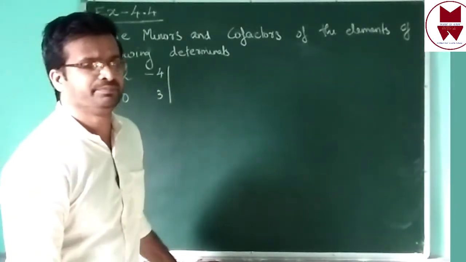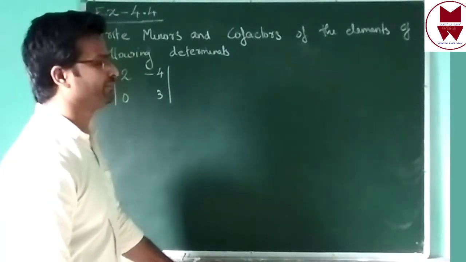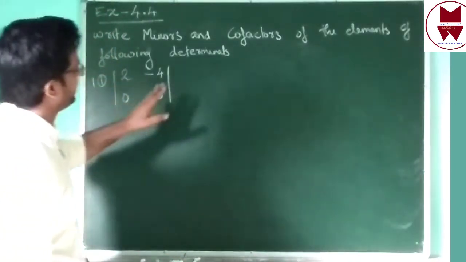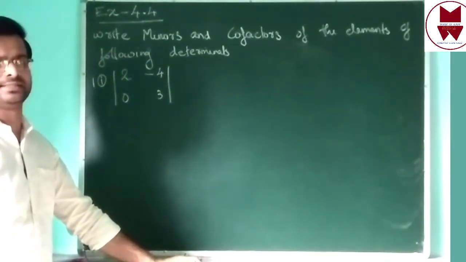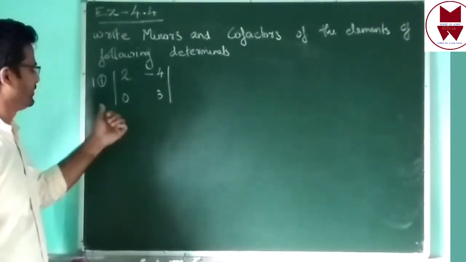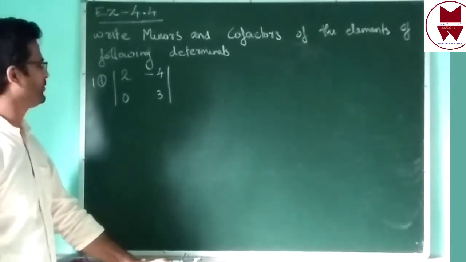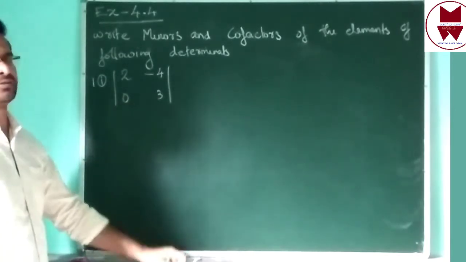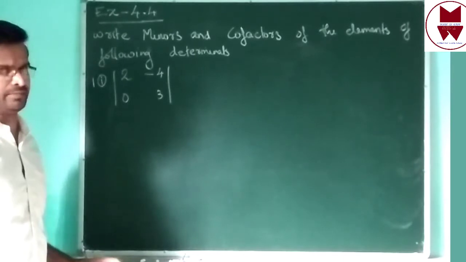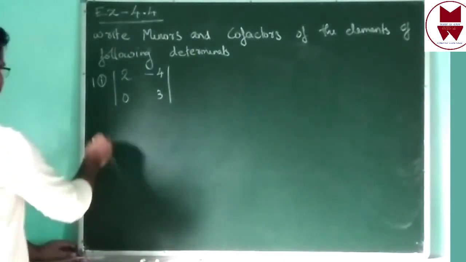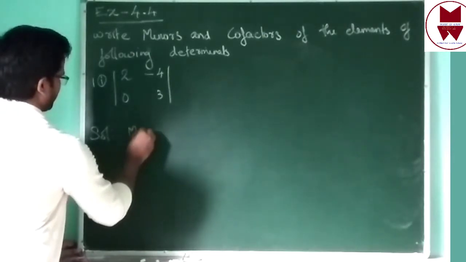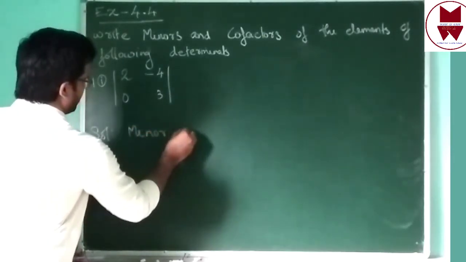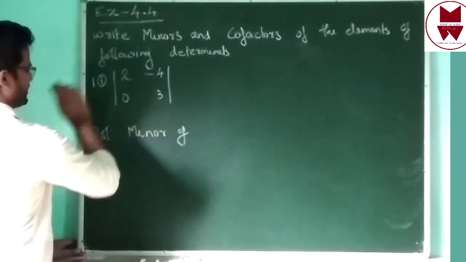Now we see exercise 4.4. Write the minors and cofactors of the elements of the following determinant. Here, some questions are given. We have to find the minors and cofactors of this determinant. First, the minor of the first element, that is 2.